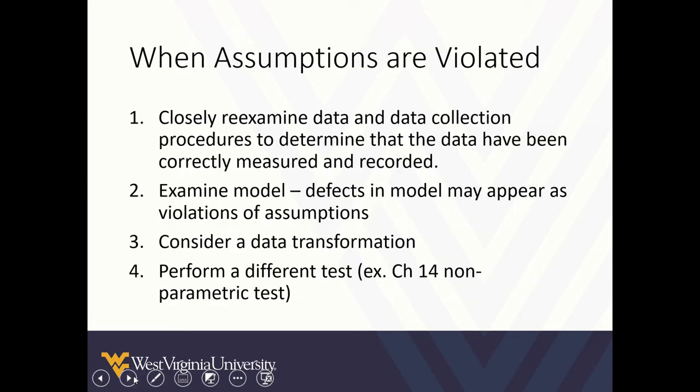The next question that comes up is what should you do when your assumptions are violated? Well, the first thing to do is to closely re-examine your data and data collection procedures to make sure that the data have been correctly measured and recorded. I think I've used this example before, but in my line of work, sometimes people record odd values when something is unknown or missing.